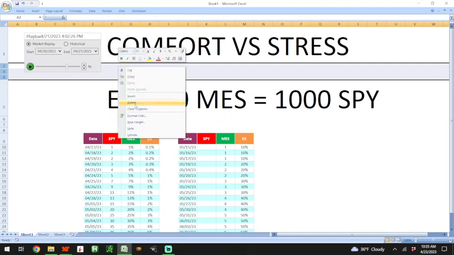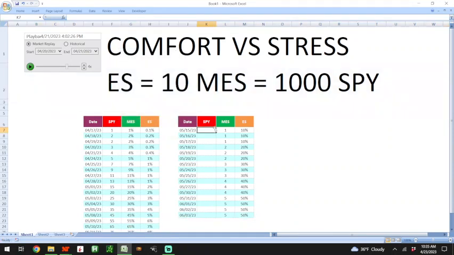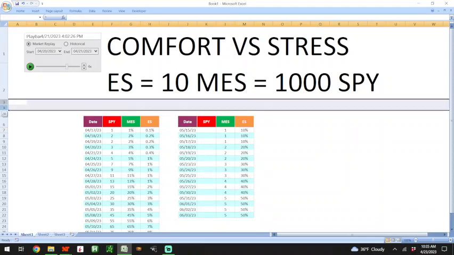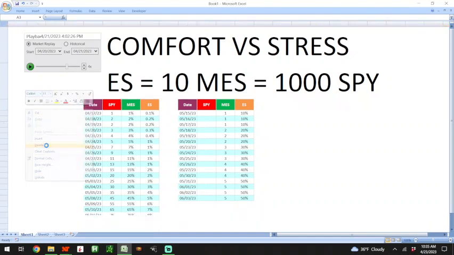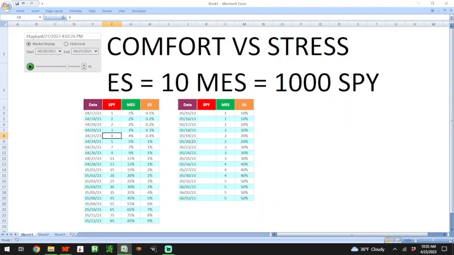So there is a fine line between comfort and stress, and in the beginning when you're learning the program, obviously, you need to have time to practice, and going live is different than simulation practice. So you need to figure that out, right?